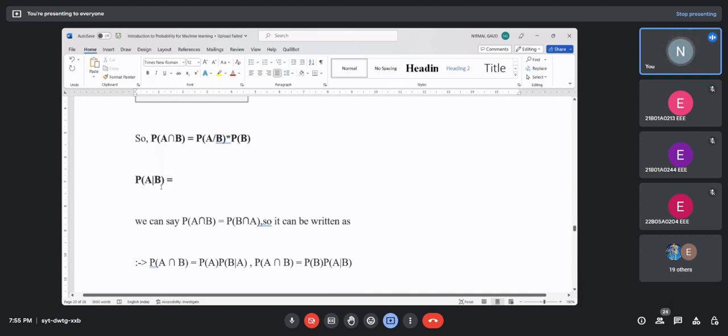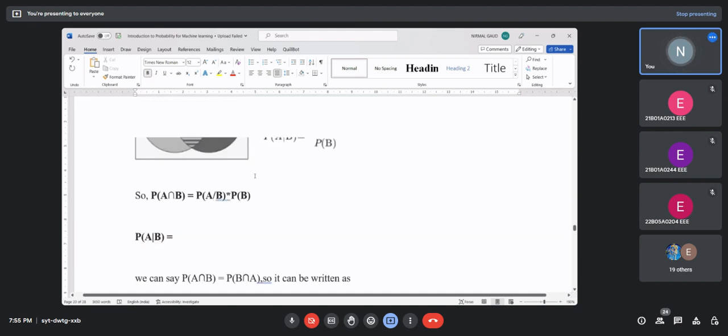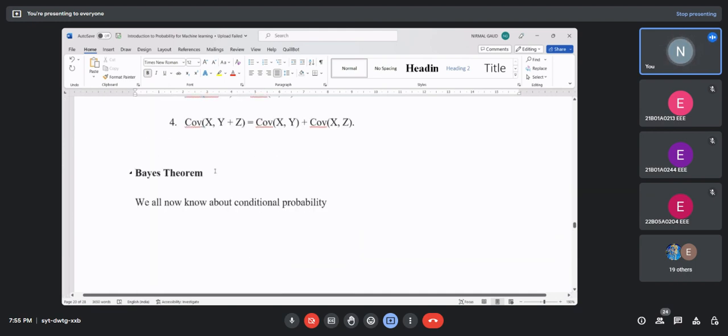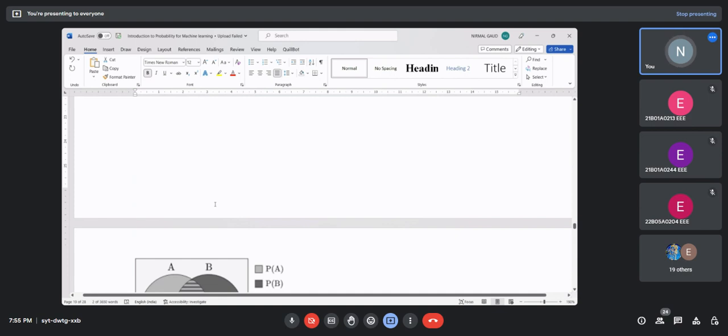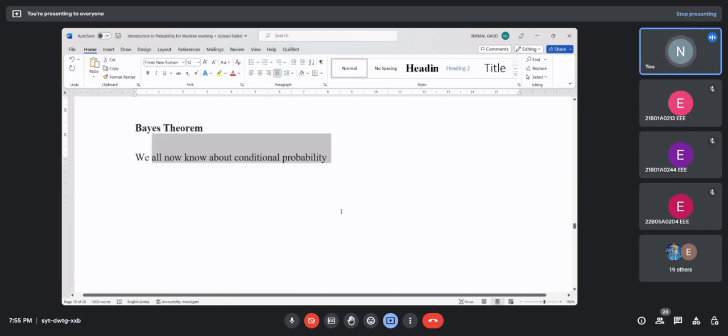It's a conditional probability. So in Bayes theorem, the same conditional probabilities are applicable here. Very important. We know about conditional probability.